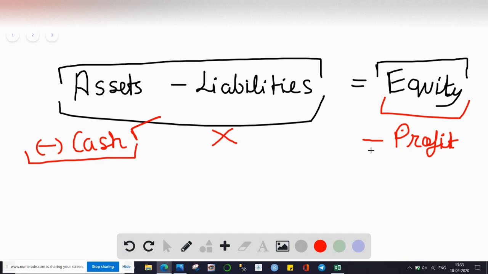To reflect that, there will be a double effect of the transaction. So what is the actual answer? We have a decline on the asset side, the left hand side of the equation. Along with that, we have a decline on the right hand side of the equation, in the equity side. So we have derived our solution.